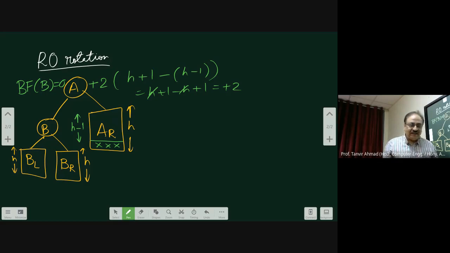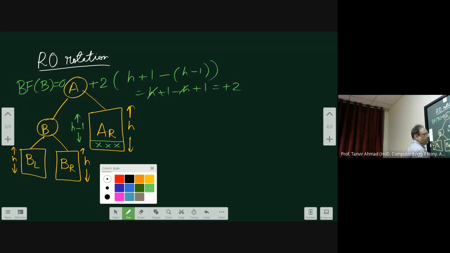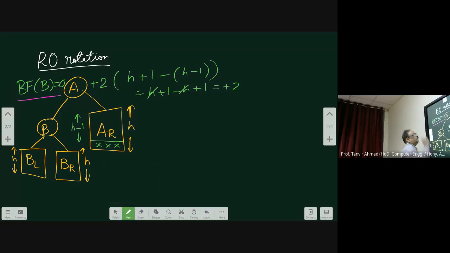If it is like this, you have to apply the R0 rotation. That means this is the condition for applying an R0 rotation, that the balance factor of B must be 0. And you find here that the height of BL and the height of BR are the same. Therefore, the balance factor of this is 0.